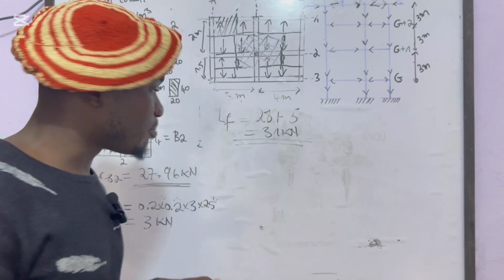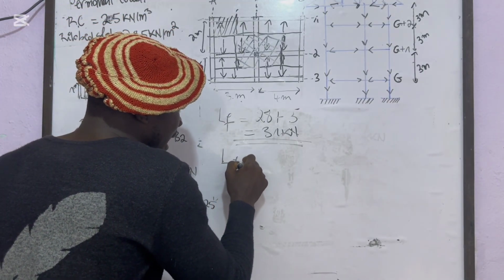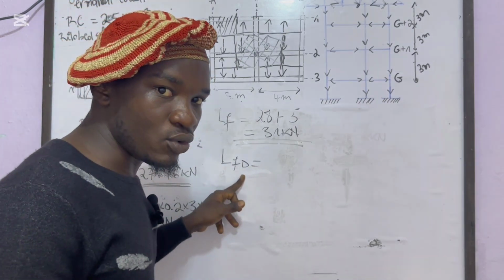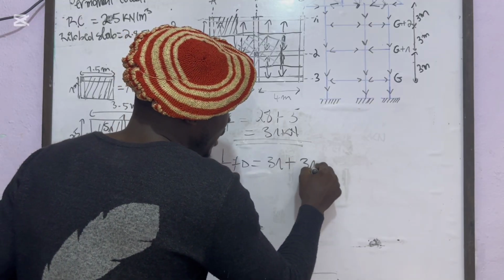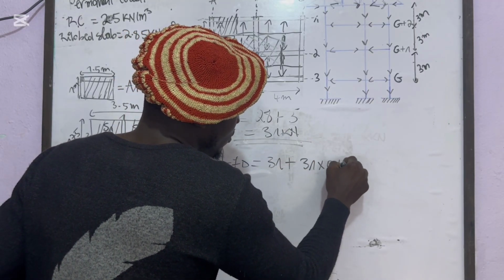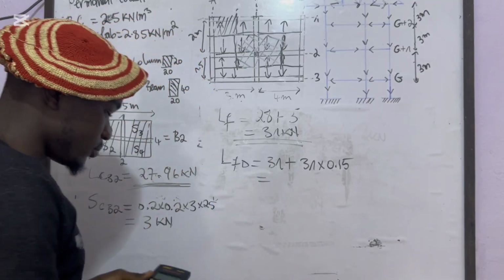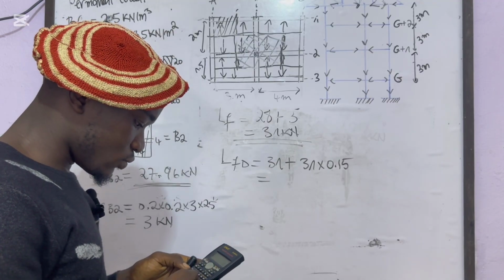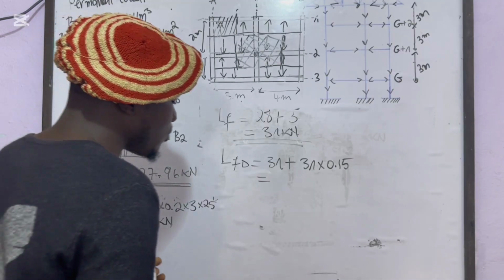So the final load for the design, that's why I'm adding D, because this is the one we'll use for the design, will be 31 kilonewton plus 31 times 0.15, which is giving us what? 31 times 0.15 gives 4.65.